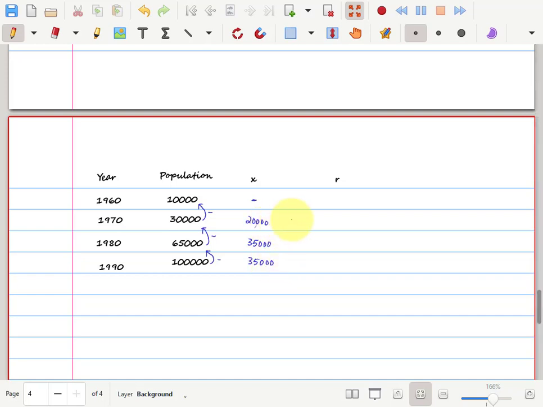So these are the values of X. With the help of X, we can now find R. Okay. So for R, we need to do one thing.